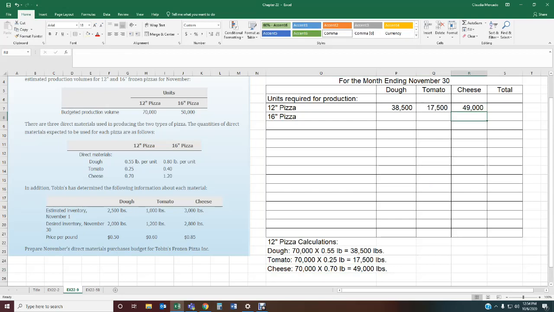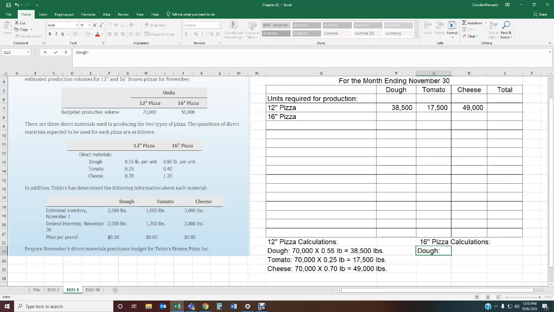Now we're going to run the same calculations, but for the 16-inch pizza. We're going to start off with the dough. How many pizzas are we going to make that are 16-inch?